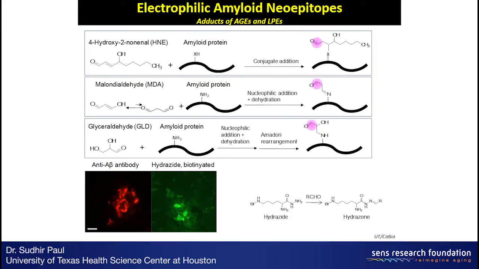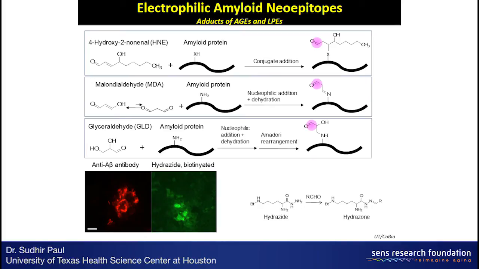So in the disease, as I mentioned earlier, in Alzheimer's disease, a lot goes wrong, not just the aggregation, but there is increased oxidation due to advanced glycation end products, an example of which is malondialdehyde and glyceraldehyde, and the lipid peroxidation end products, the example being hydroxynonenal.